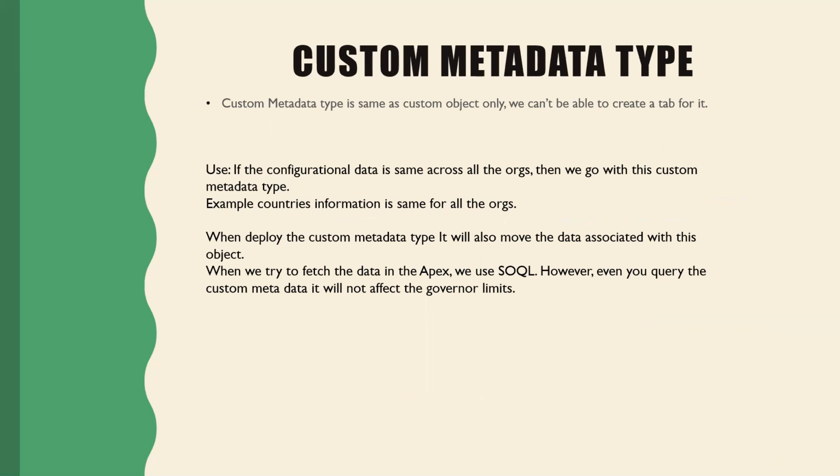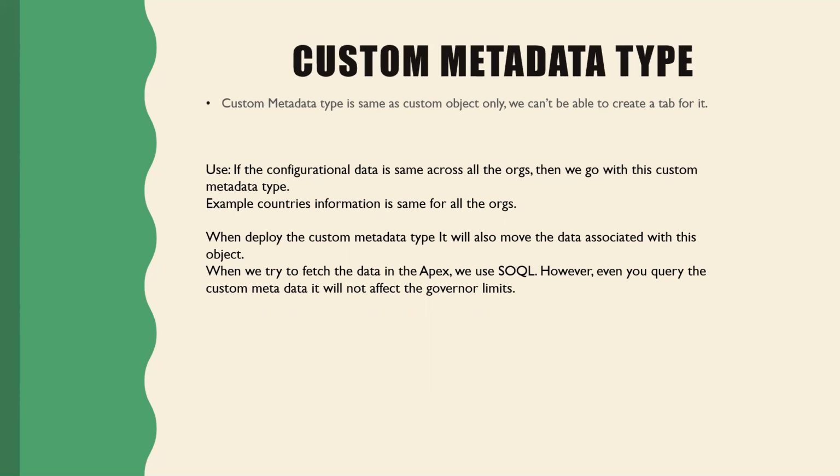For example, countries information is the same for all the orgs. When we deploy the custom metadata type, it also moves the data associated with the object, meaning the country information we are maintaining.